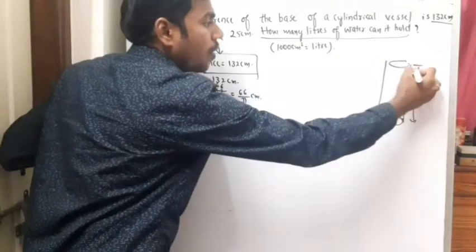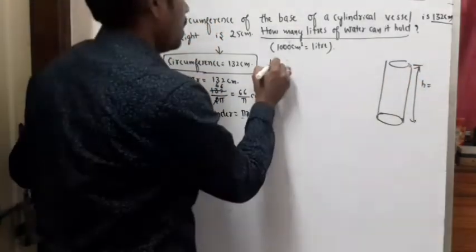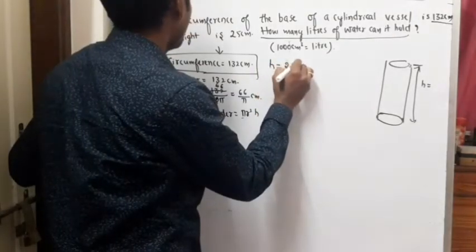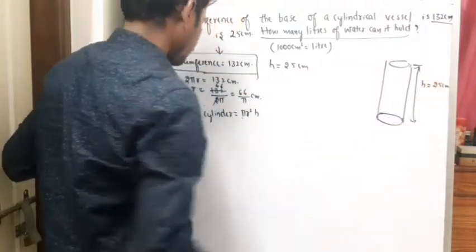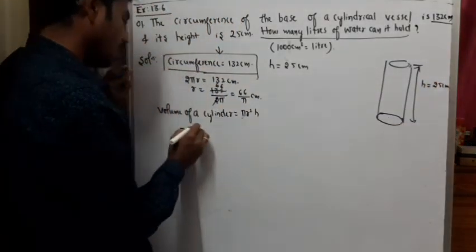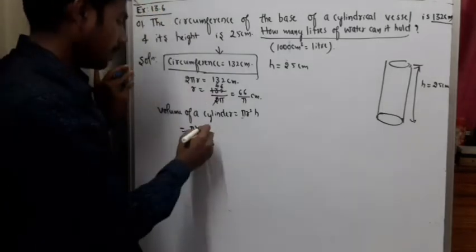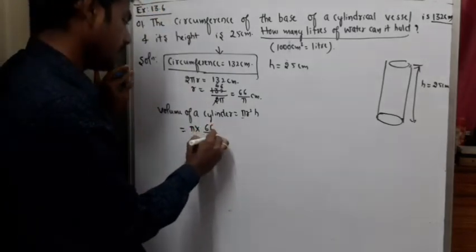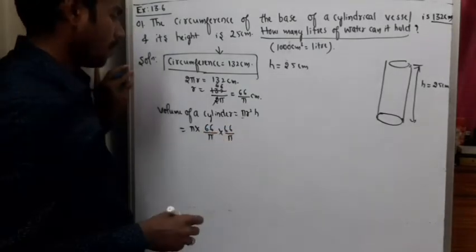This is the height. What is the height? Height is given to us, that is 25 centimeter. Now, which is equal to pi into, what is r square? R square is nothing but 66 divided by pi into 66 divided by pi.